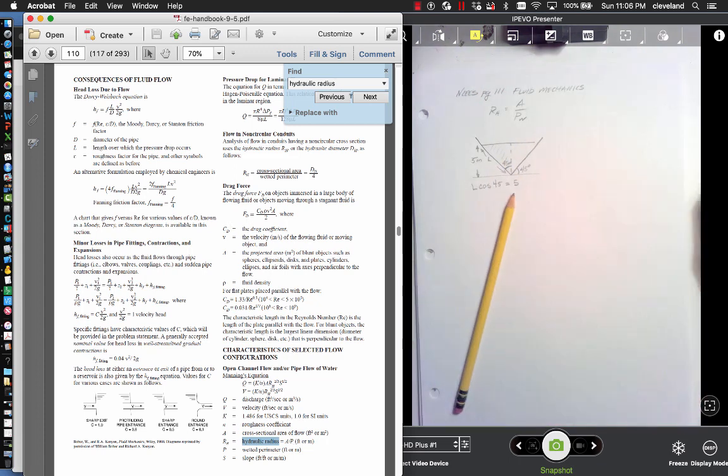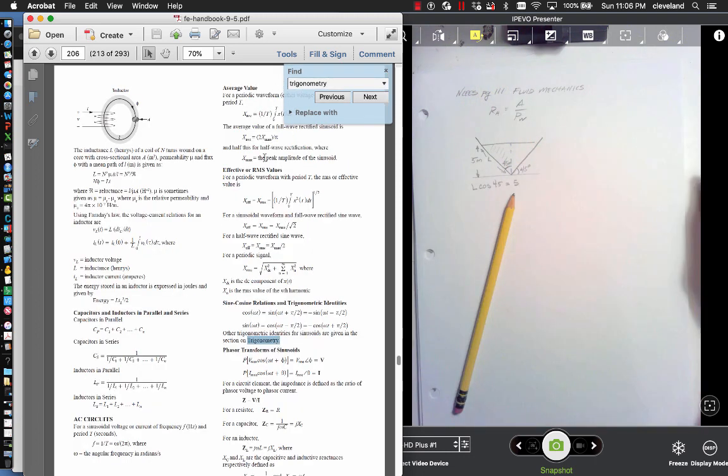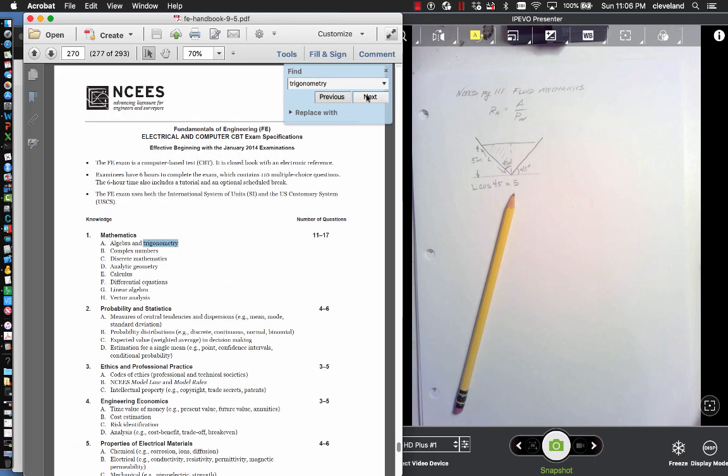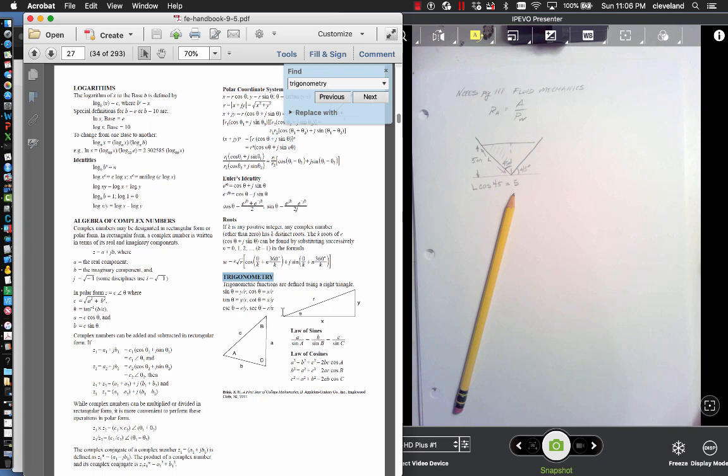Now, where that formula came from, it came from trigonometry. So I'm using, in my case, r, and then theta is the angle.